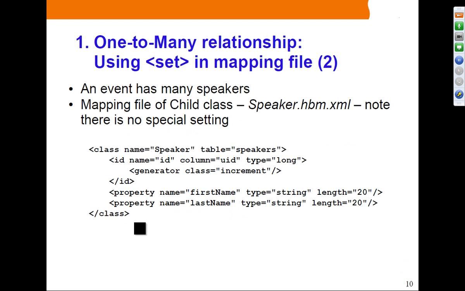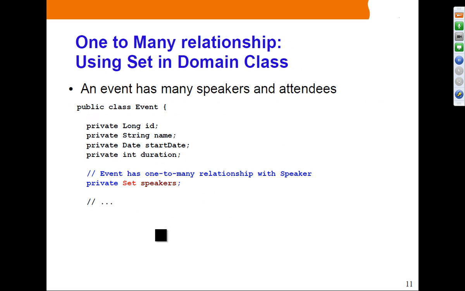As far as the speaker is concerned, there is no special setting required, because the event class setting already specifies one-to-many. There is nothing you have to do in the speaker mapping file. In terms of coding, inside of your event class, you are going to have a set of speakers.